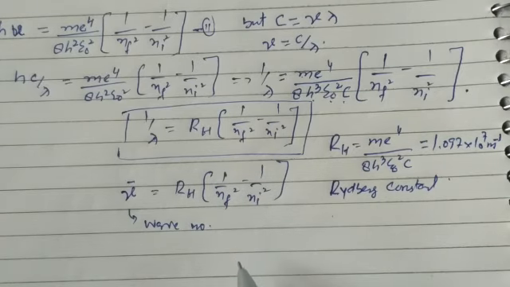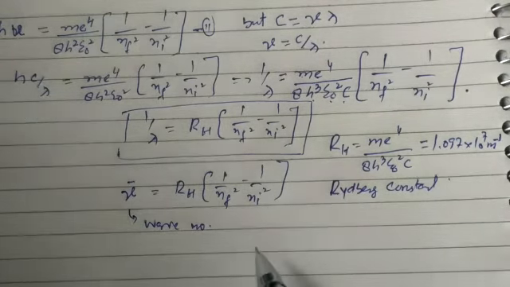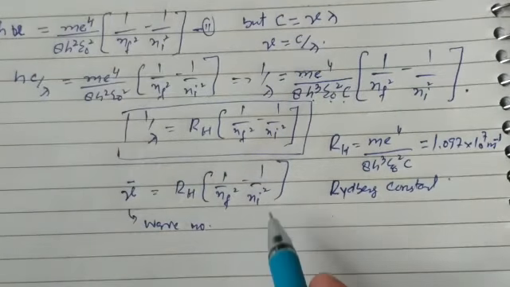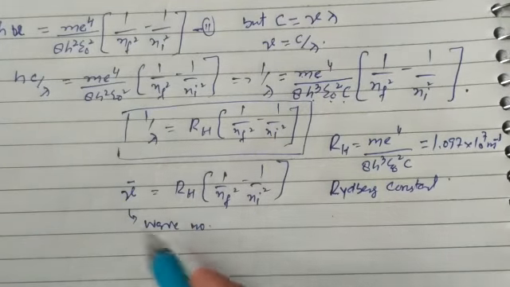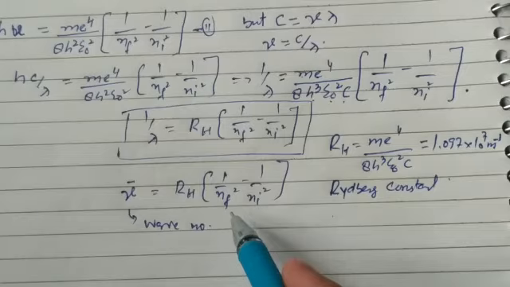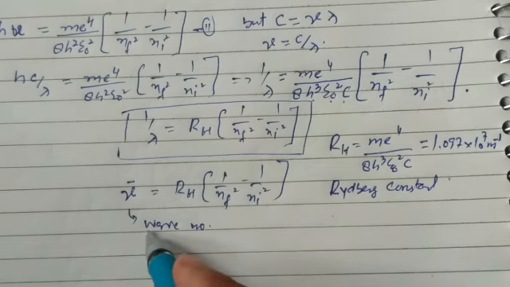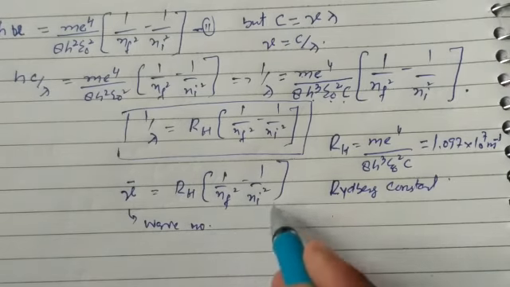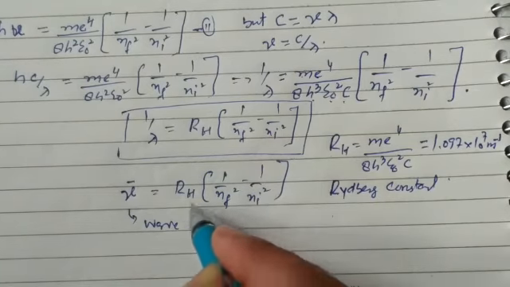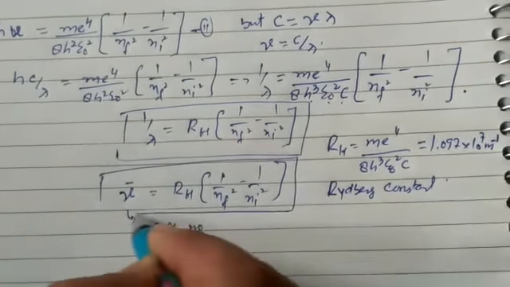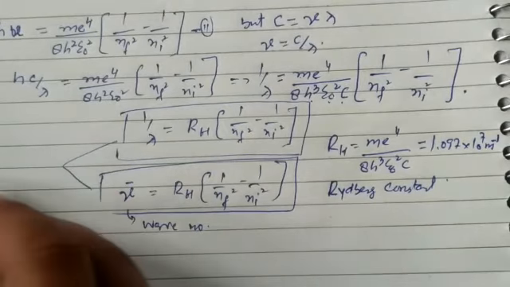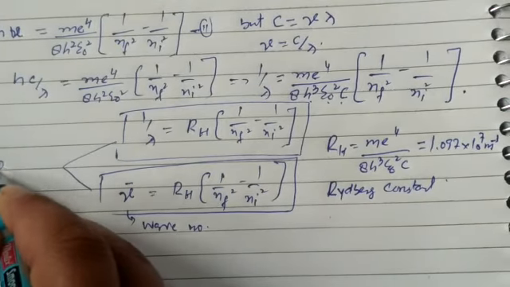This is related to the Rydberg formula, where nu bar is the wave number, the number of waves in unit distance; you have to remember that. Both of these forms are called the Rydberg formula.